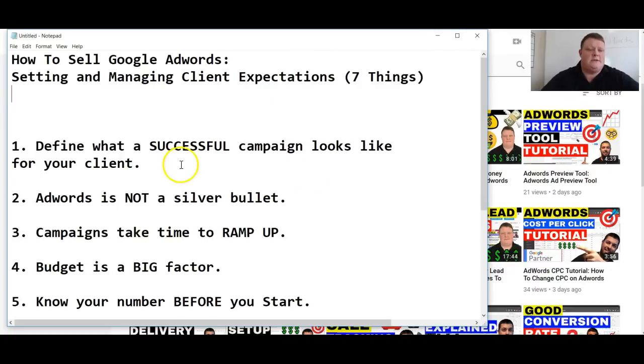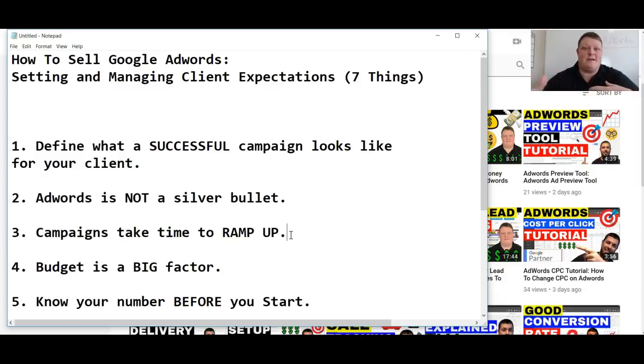Next is campaigns take time to ramp up. Now, think of a new campaign as a baby. Okay. Your wife was pregnant, or your girlfriend was pregnant, your fiance was pregnant for 9 months. She gives birth to this happy, beautiful little baby boy. Now it's an infant. Okay, a few months later, it's a newborn.